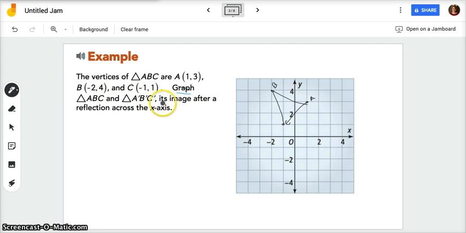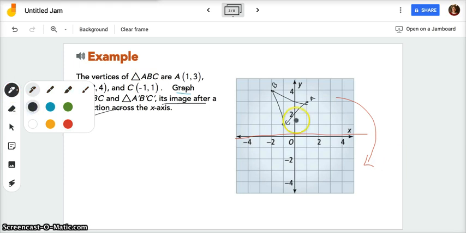And its image, so we also need to graph A prime, B prime, C prime after a reflection across the x-axis. So that means we're folding the paper on this line right here. And we're going to fold this half on to this half. So what we need to do is count how many spaces A is away from the line of reflection.